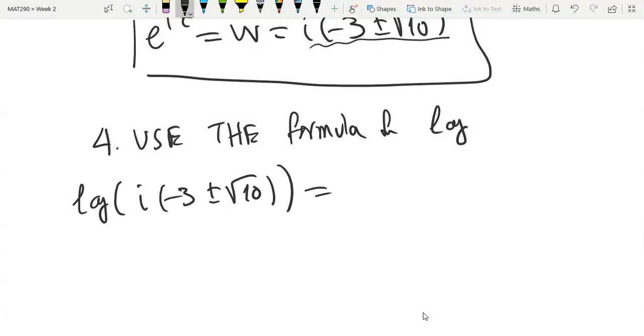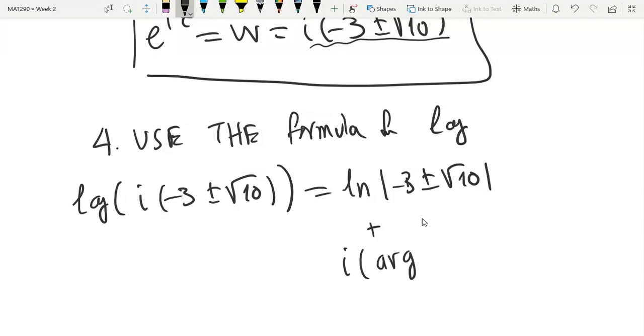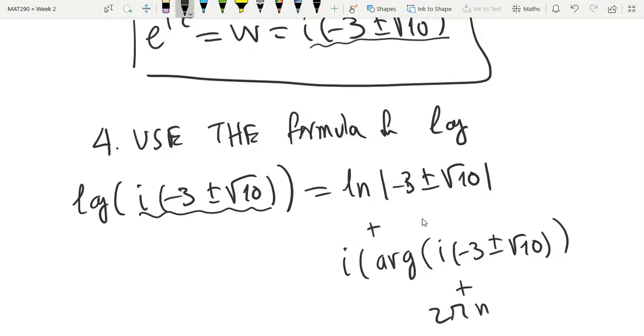So first we have ln of the modulus, plus i times the argument of this guy, so argument of i times minus 3 plus minus square root 10, and then plus 2 pi n as usual, where n is an integer.